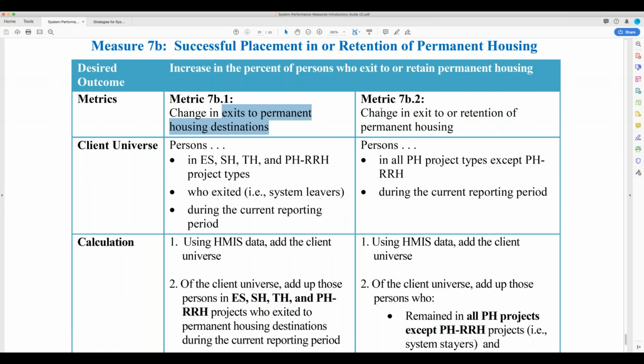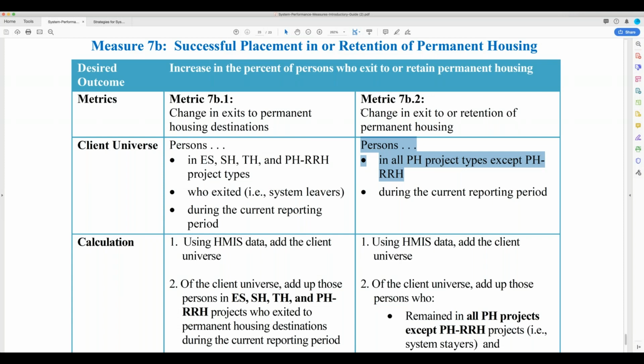And then on this side, metric 7B2, the only difference is that it's measuring all persons in PH project types except for rapid rehousing. So this would be anyone in a permanent supportive housing program or any other permanent housing program that's not rapid rehousing that would be in our CoC in the HMIS.